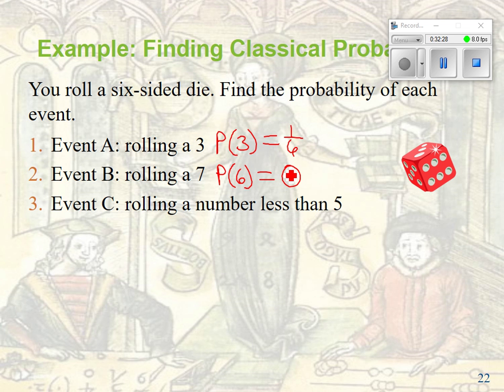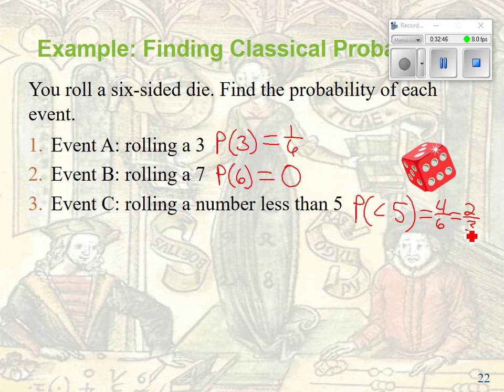Probability of rolling a number less than 5. Be careful. So we want less than 5. 4 out of 6. What's 4 out of 6 reduced to? 2 out of 3. And you should always reduce it because then it makes more sense. So those are the probabilities.